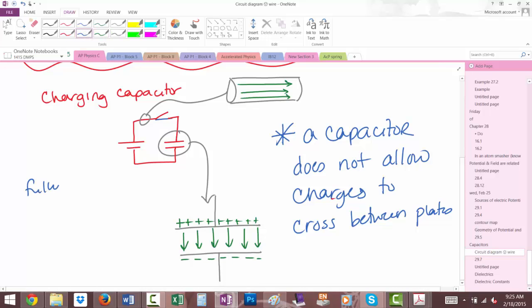So a fully charged capacitor means that the potential difference across the capacitor, delta V sub C, is equal to delta V of the battery.